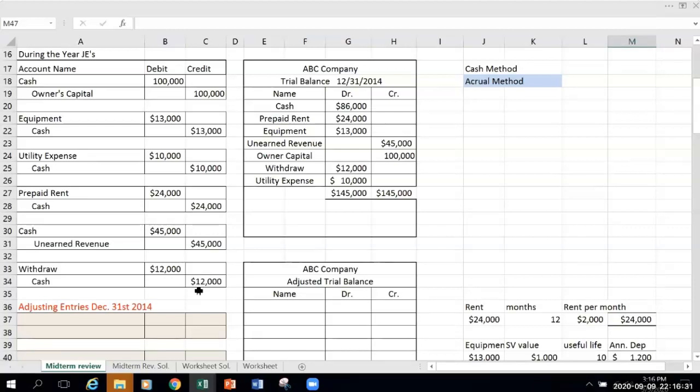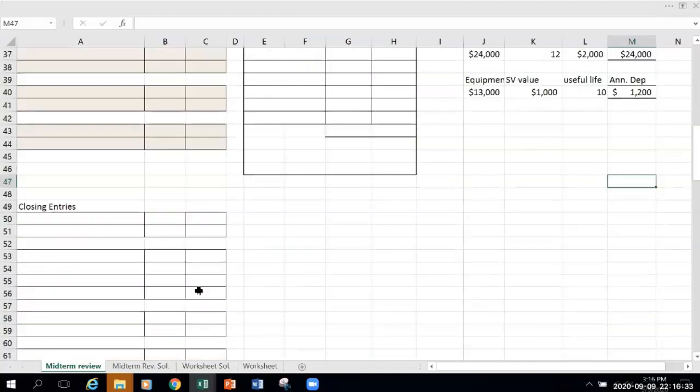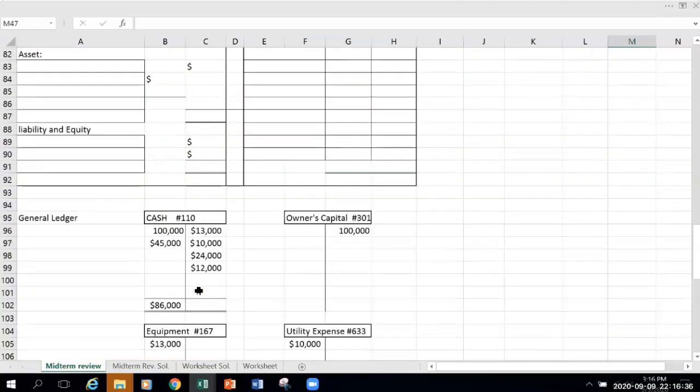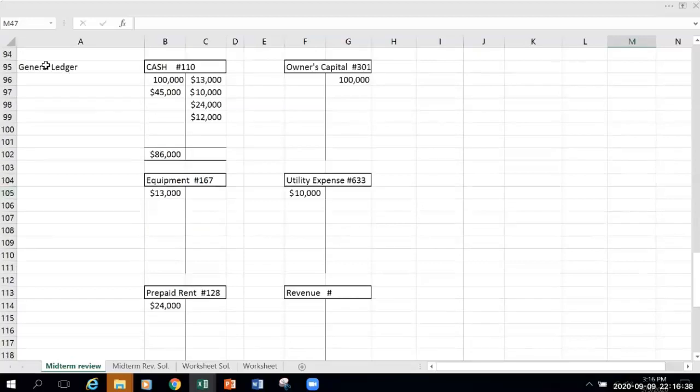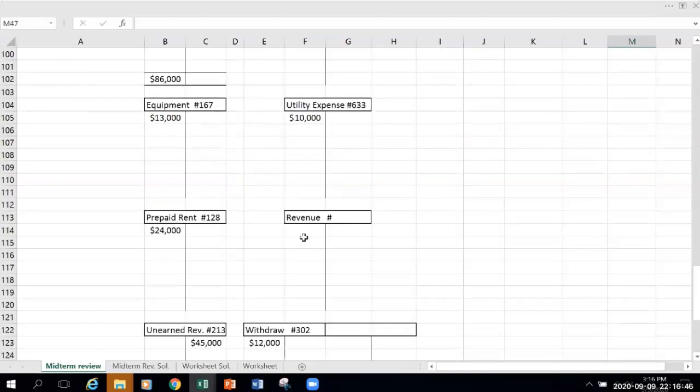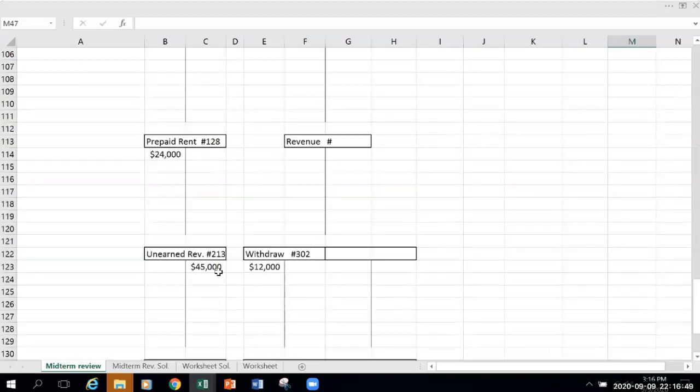So we recorded all those and posted them in the general ledger. We have all this: cash, T account, capital, equipment, utility, prepaid rent, revenue, unearned revenue, withdraw, and so on and so forth.